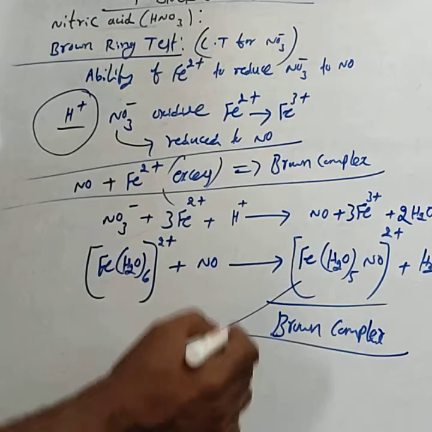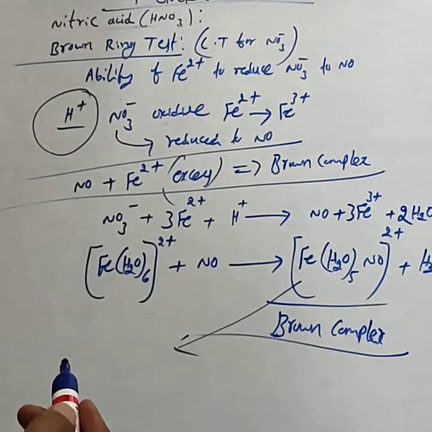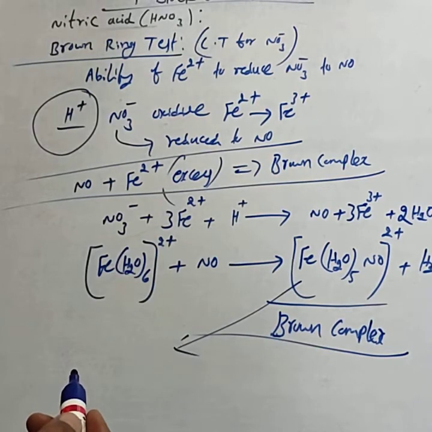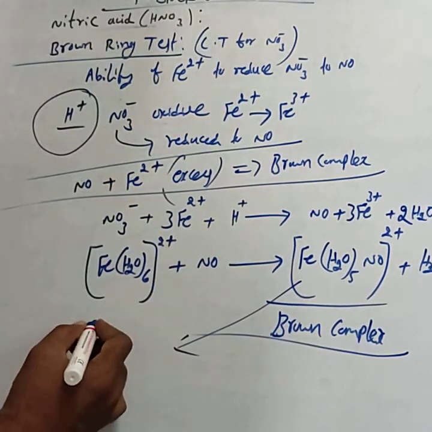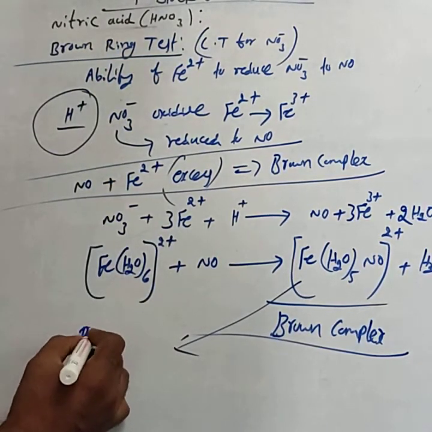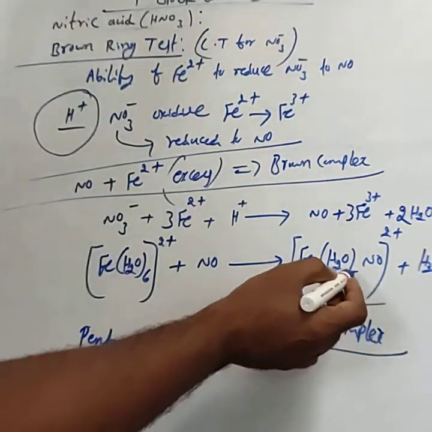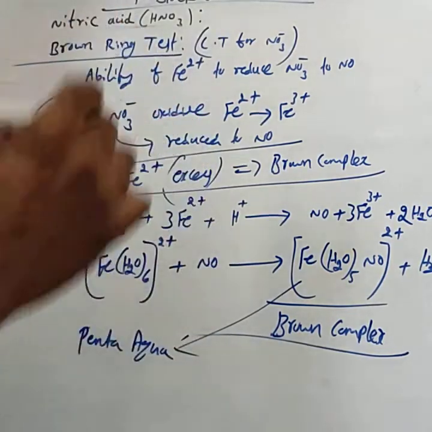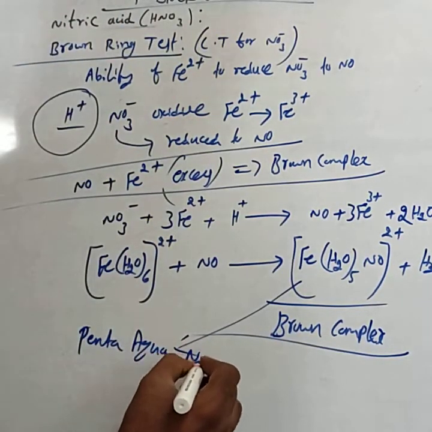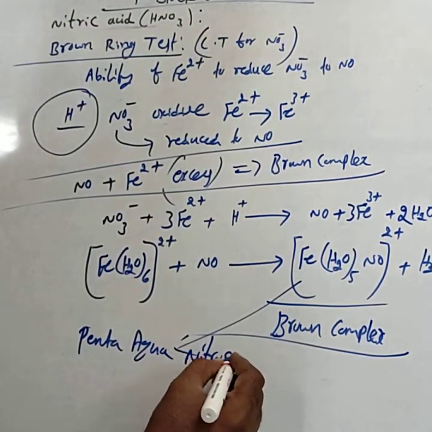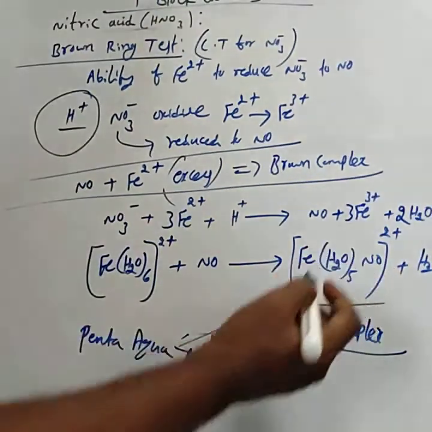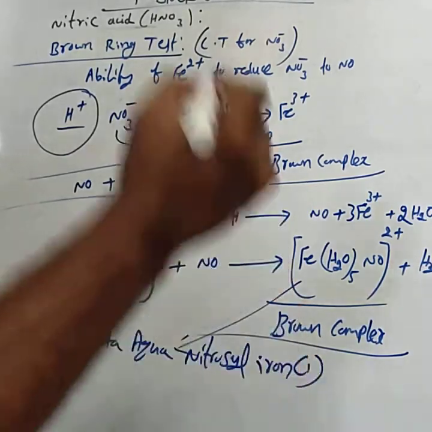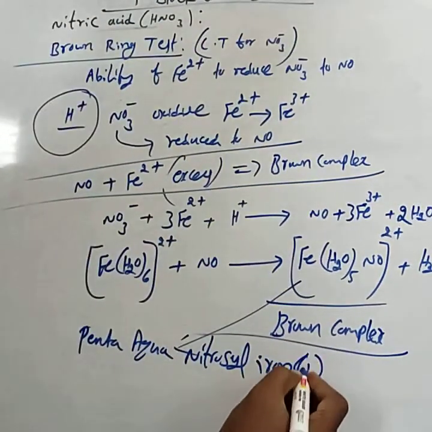For competitive level, this is very important. The name of this compound is very important. The IUPAC name of the brown complex in the brown ring test is pentaaquanitrosyliron(I), which is most important.